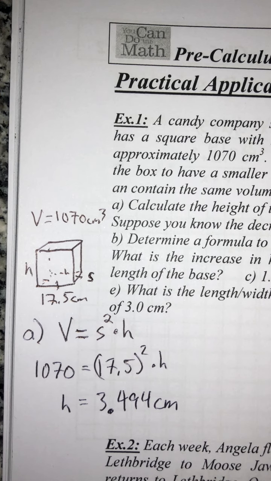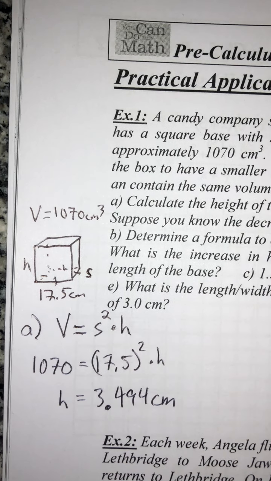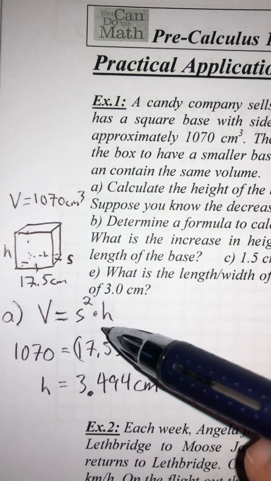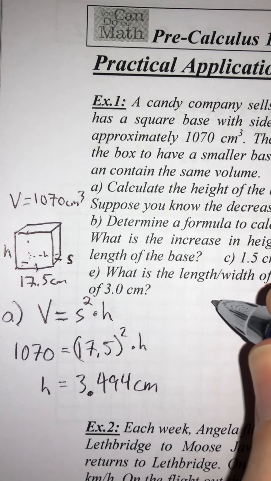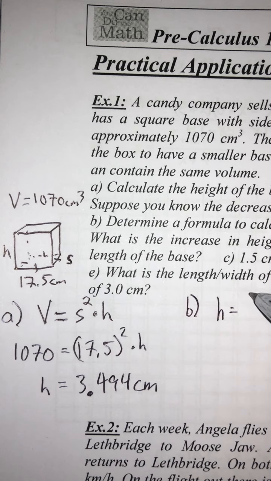Then we're asked to make a formula that's going to talk about the increase in height if I decrease the side length. So taking this same equation, I'm going to rearrange it for the height. So for question B, height is equal to volume divided by the side squared.